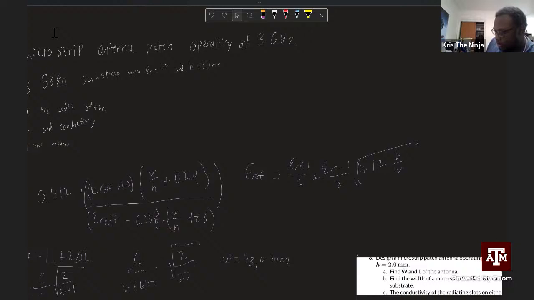So we do 2.7 over 2, then 0.7 over 2. Yeah, 0.7 over 2. And then you do square root of 1 plus 0.0031, or 0.043.